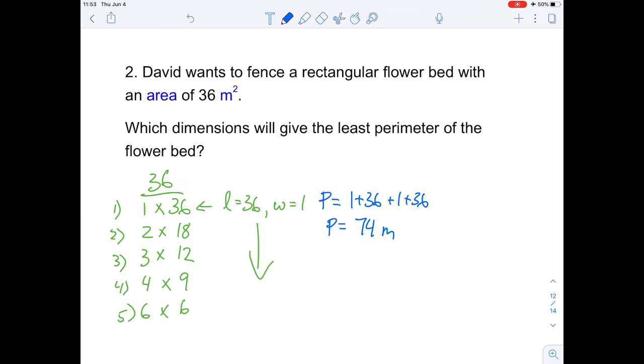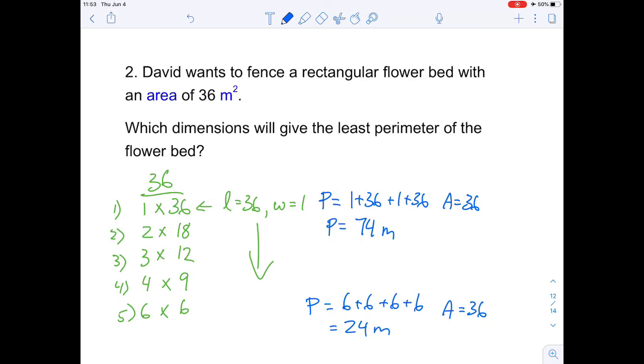And this one, the 6 by 6 one, would be 6 plus 6 plus 6 plus 6, which is essentially 6 times 4, which is 24 meters. So, as I talked about before, the areas are the same, because 1 times 36 makes 36, and 6 times 6 makes 36.